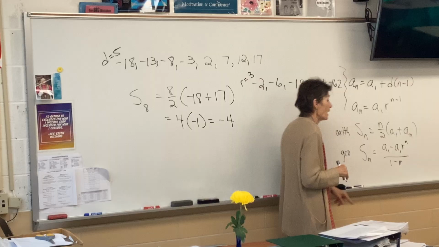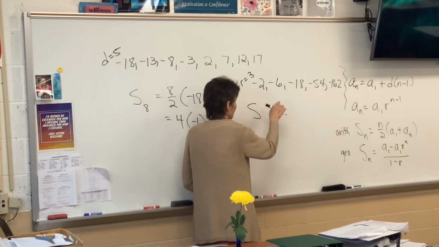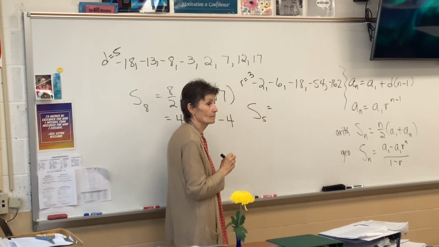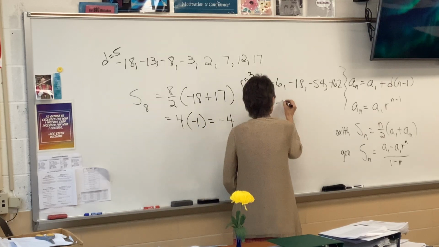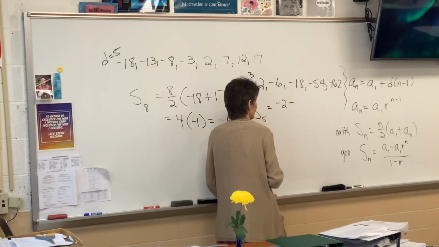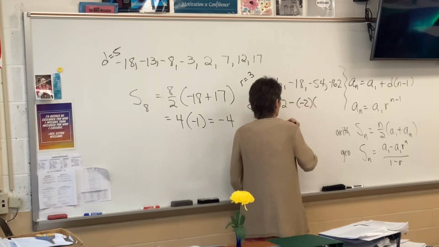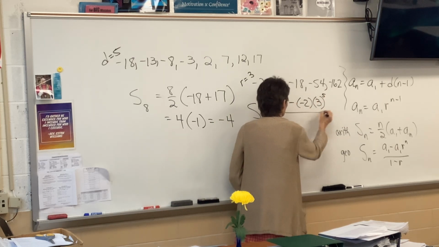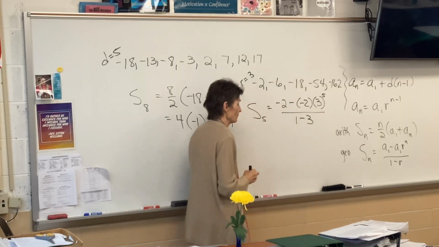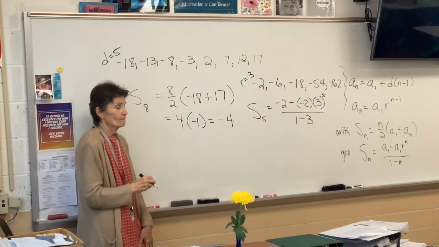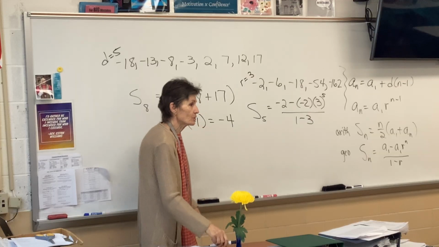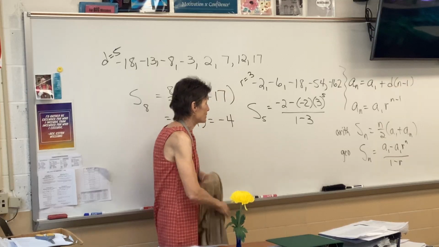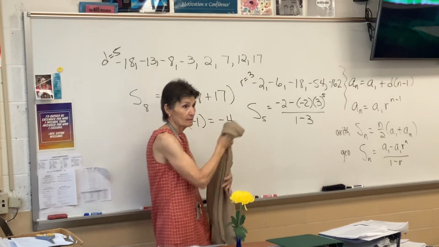So S sub N, how many am I adding up? 5. The first one is -2. The ratio is 3 to the 5th over 1 minus the ratio. So just look at it, and do you see that we have plugged everything in the right spots?